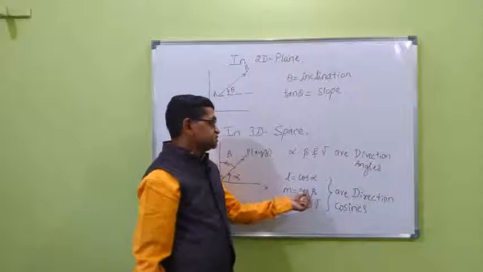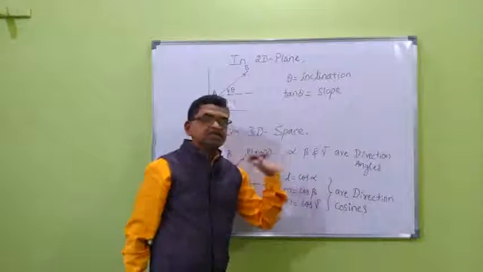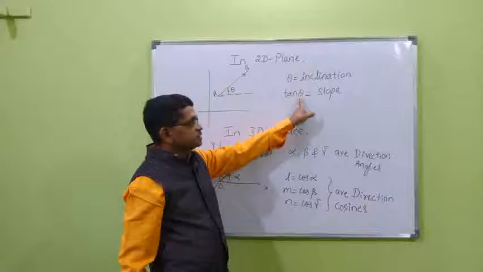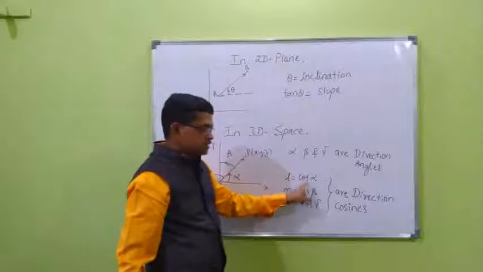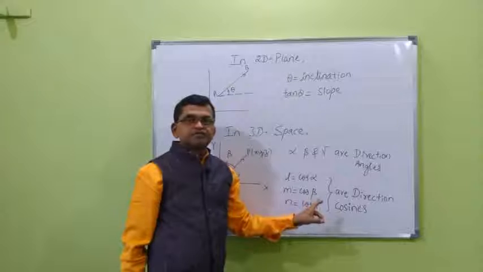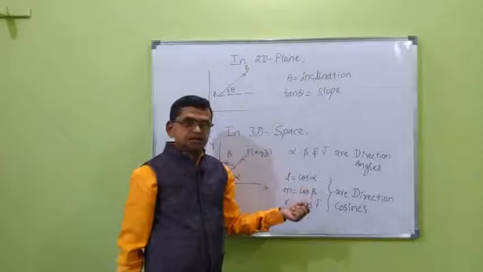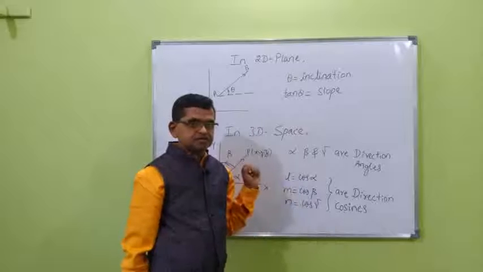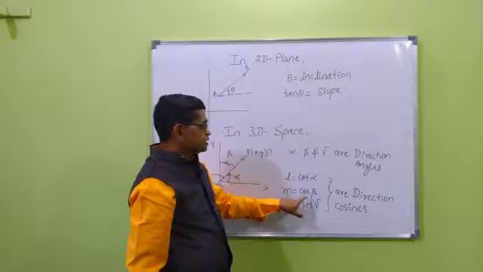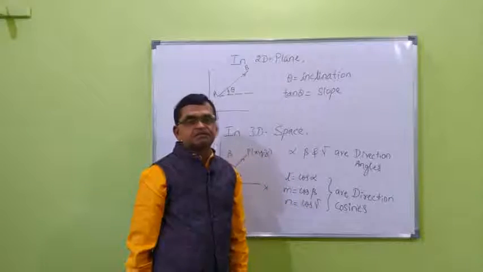Cosines of those angles, cos alpha, cos beta, cos gamma, are called direction cosines. There we took tan theta, here we take cosine of angles because the dot product of vectors and projection are based on cosine of the angles. Usually cos alpha, cos beta and cos gamma are denoted by L, M and N respectively.